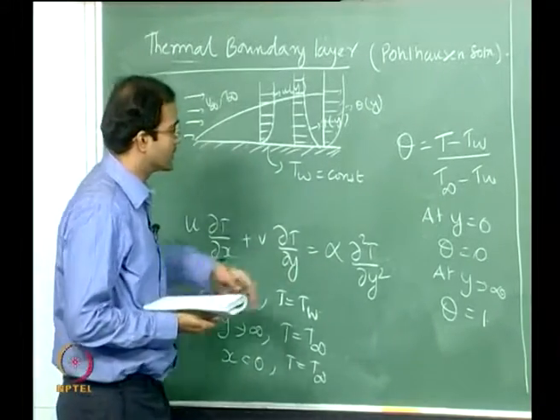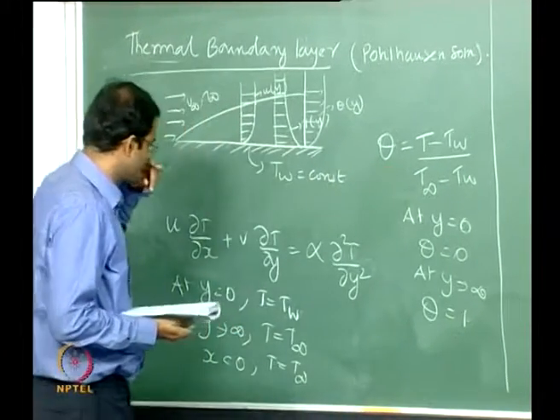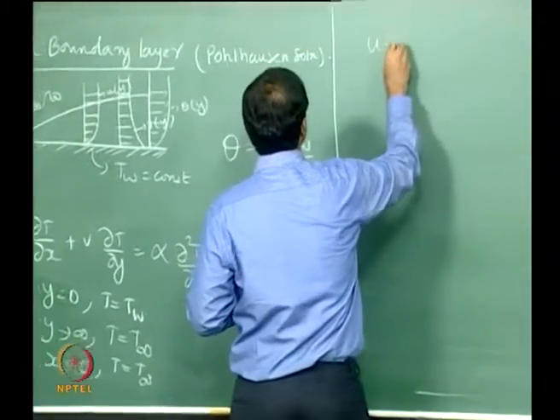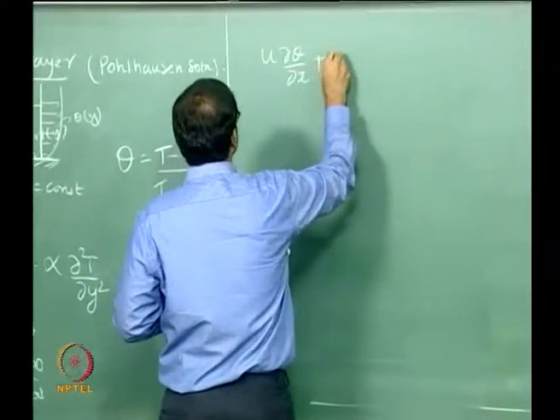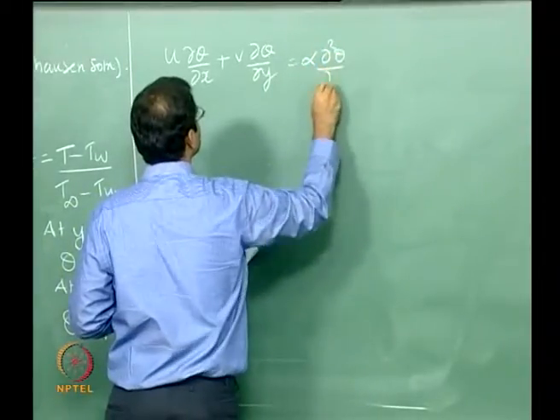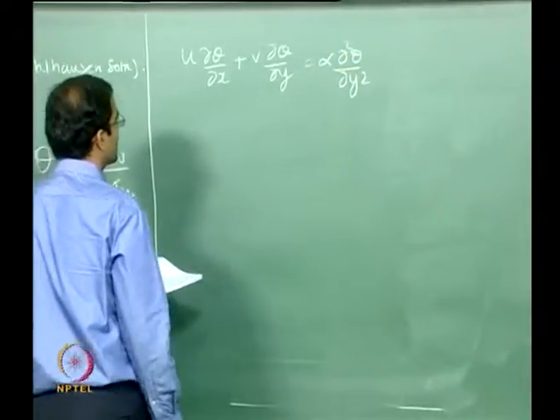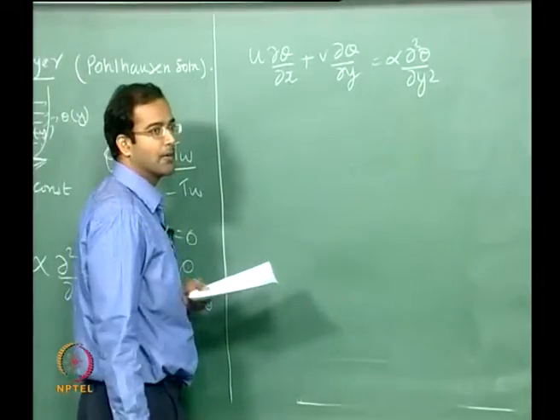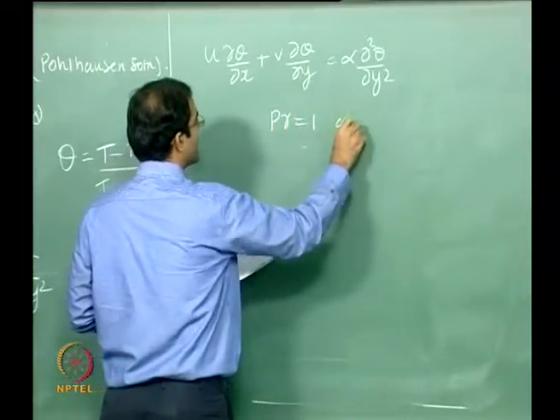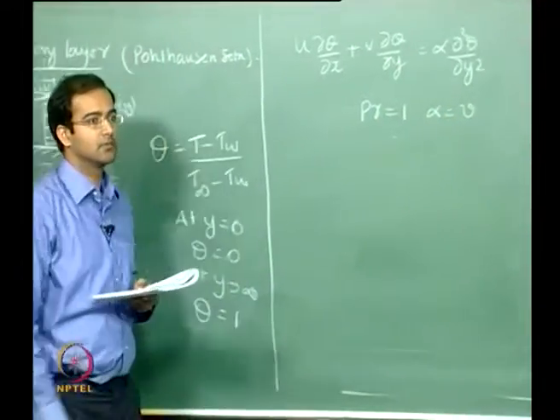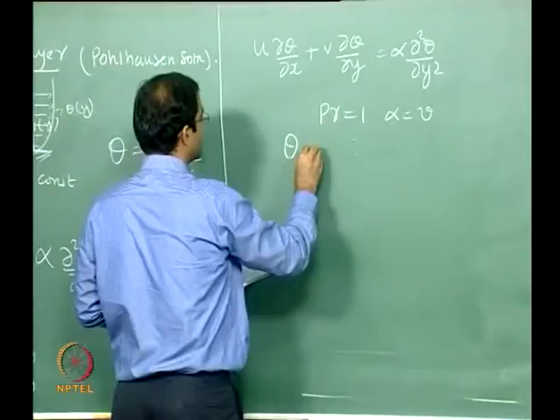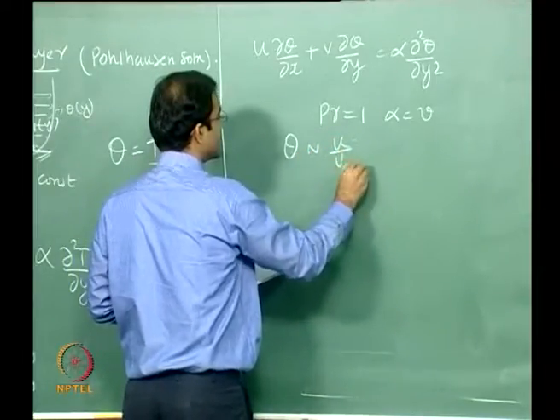Okay, why do I want to do it this way? Now you write your equation in terms of theta. This is u d theta by dx plus v d theta by dy equals alpha d2 theta by dy2. Suppose I compare this with the momentum equation that I had written, and I assume that the Prandtl number equals 1 exactly, that is alpha equals nu, and I just replace my theta with u by u infinity.